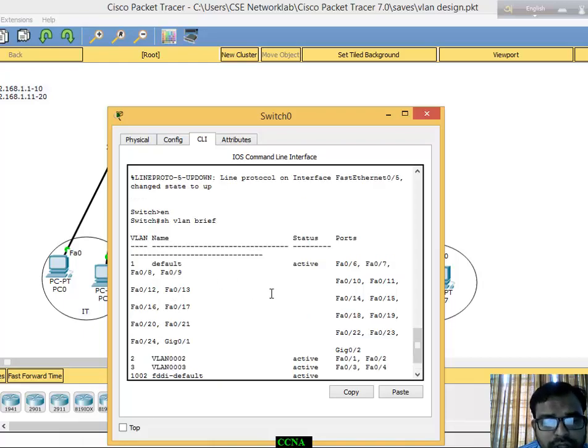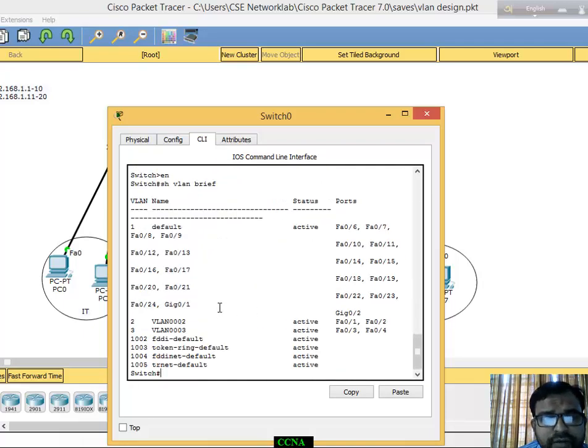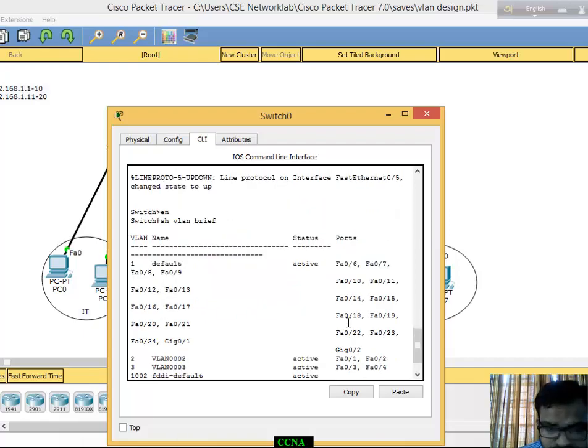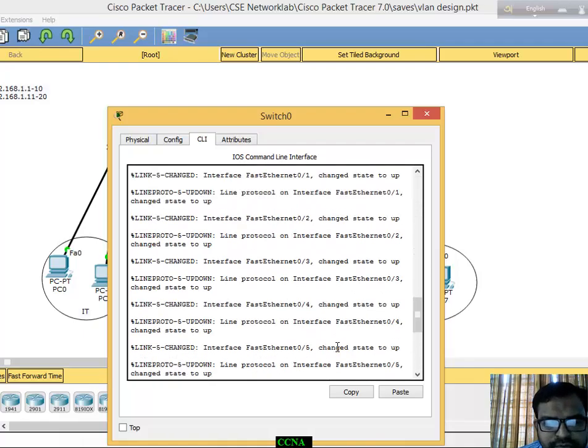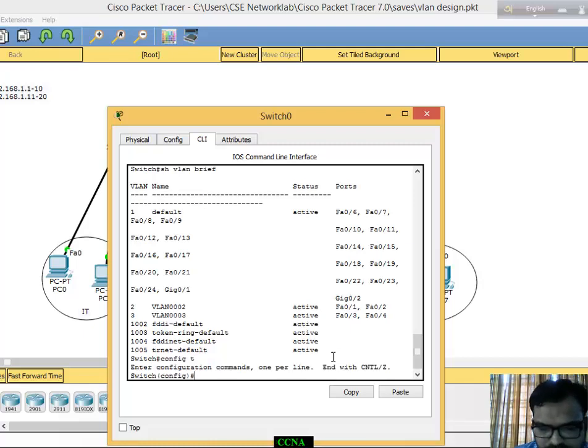So how can we configure VLAN 2 and 3? First of all, we have to write config t.